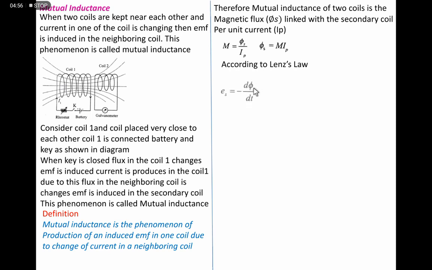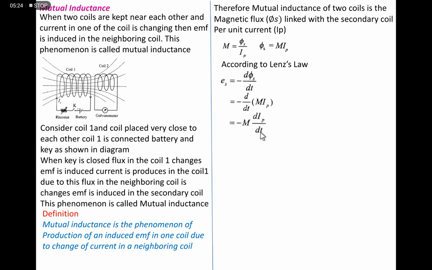So according to Lenz's law, we'll write the EMF induced in the secondary by differentiating the flux in the secondary with respect to time. Lenz's law we already studied in a previous lecture. So phi s is M I P. M is the mutual inductance, I P is the current in the primary.